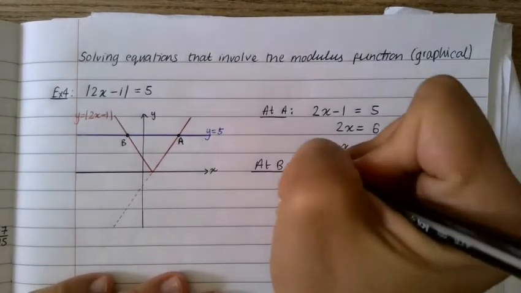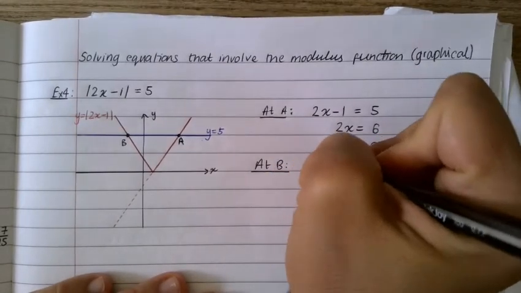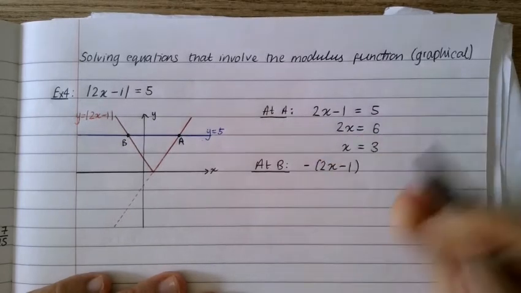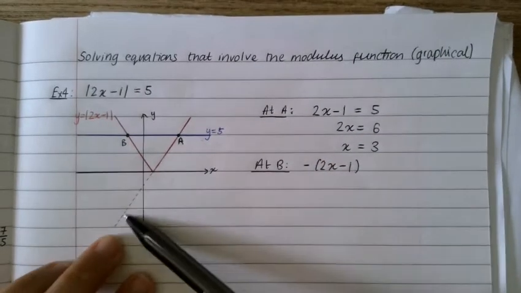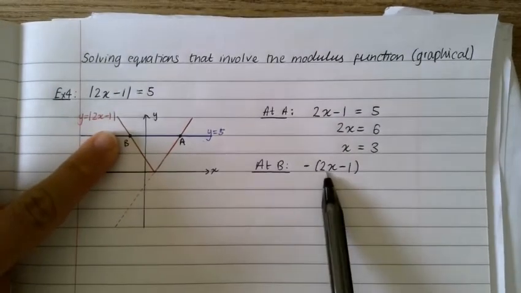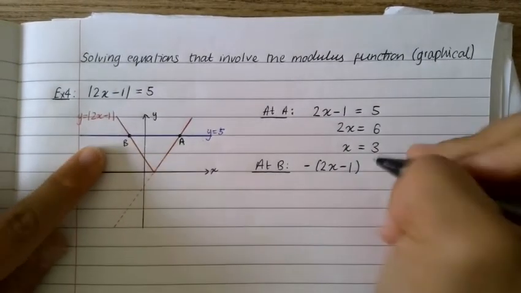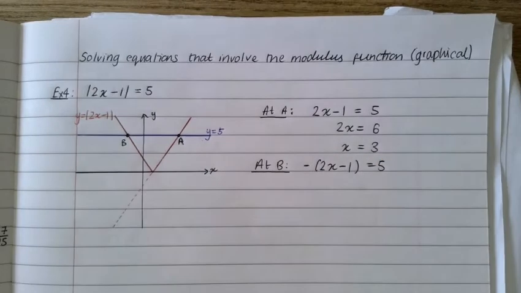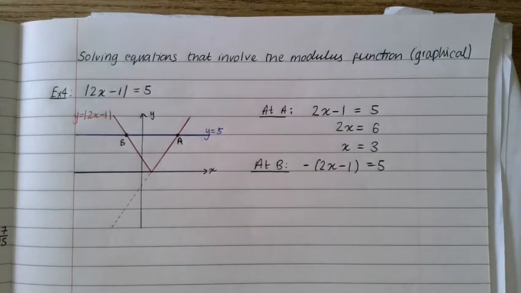So for this part of the graph, all of the negative values for 2x minus 1 have been multiplied by -1 to get this part of the graph, and that intersects with the line y equals 5 there.